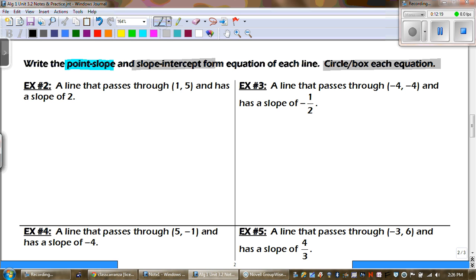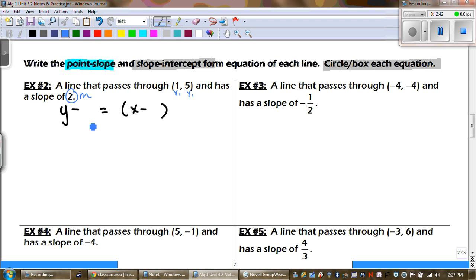Okay, so I'm going to go through and mark down a line that passes through. Well, there's my x1, there's my y1, there's my slope. Okay, we have y minus something equals, and let's fill in our blanks.